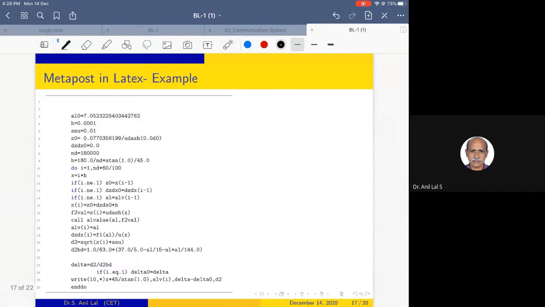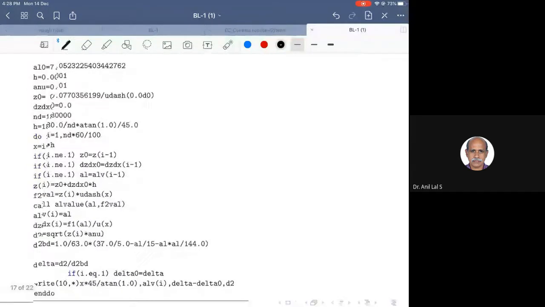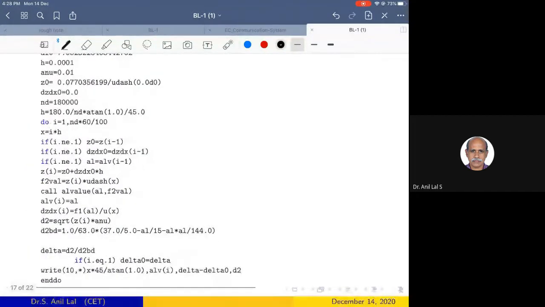And this is some portion of the computer program written in FORTRAN for the purpose of determining the boundary layer over a cylinder, for which dz by dx is equal to 0. Other things remain the same, and that is solved by doing this.